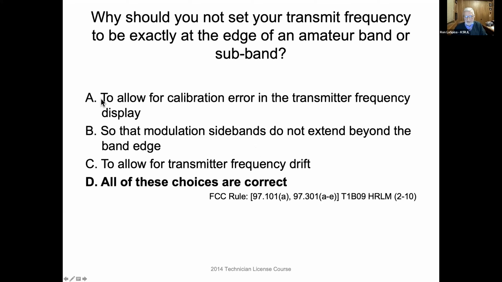But since we can have errors in our radios, or since our radio might not be perfectly stable, that's the reason that this answer is the best answer, and this is the one that they would grade you on. All those choices are correct. But you are responsible for your radio. So you have to take care of this by moving your frequency to within the band instead of right at the edge of the band.